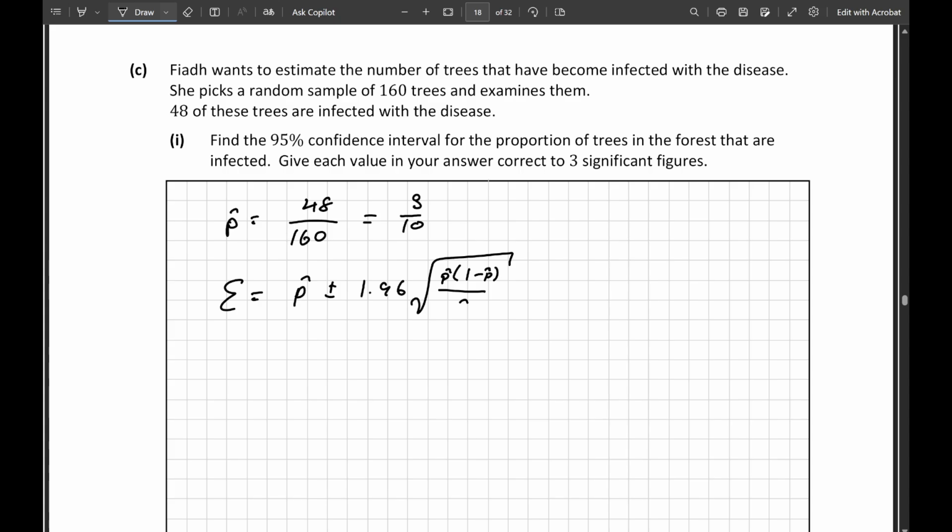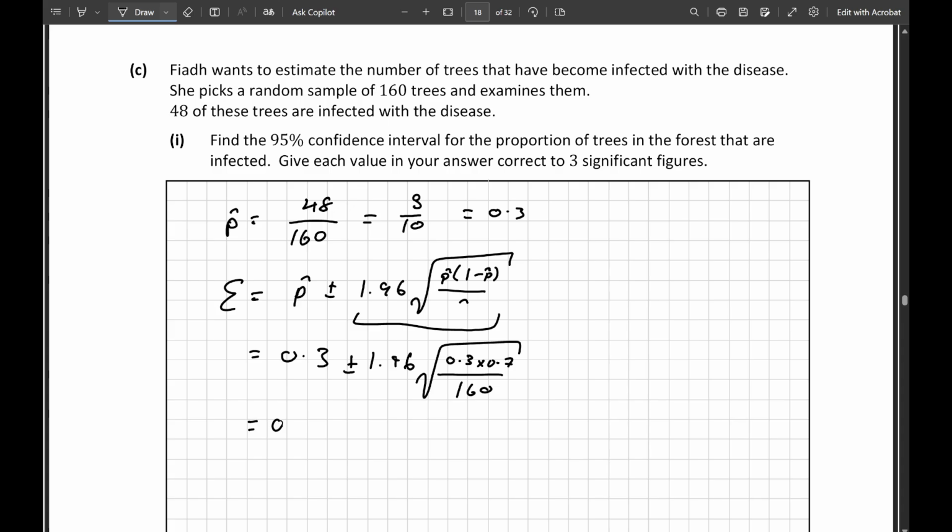So I think I'll calculate what this bit is. So it'll just be 0.3, plus or minus 1.96 root 0.3 times 0.7 all over the sample number, which is 160. So 1.96 times the square root of 0.3 times 0.7 over 160 is 0.0710.